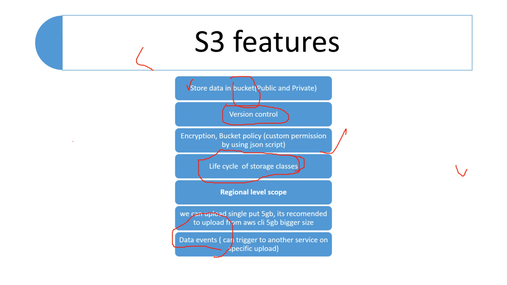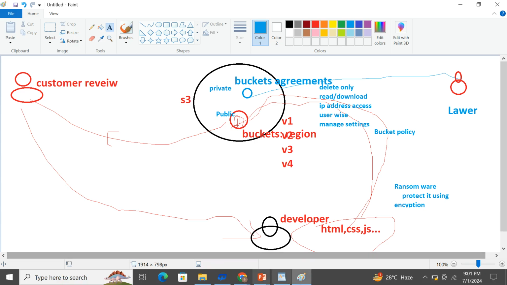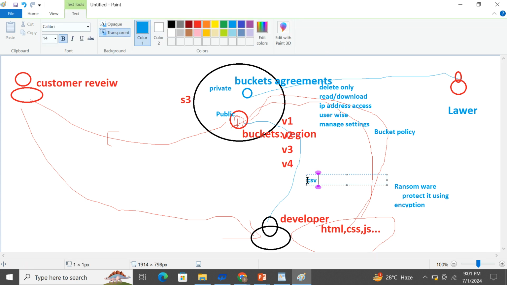Example, someone uploads data. The developer is uploading data into this bucket. What kind of data? They're uploading CSV files, database files, sometimes Java files, sometimes Python files.